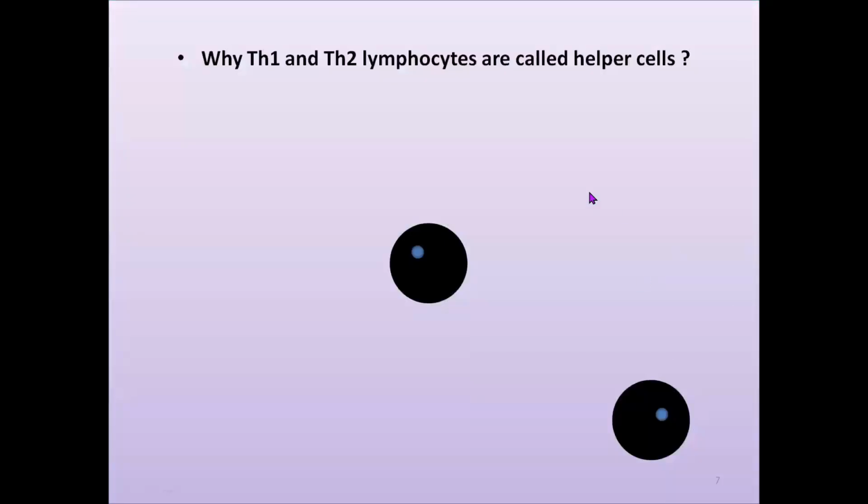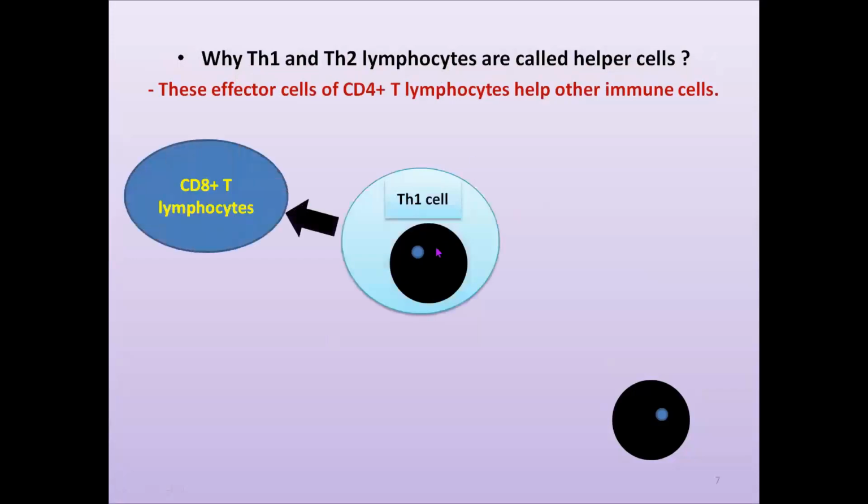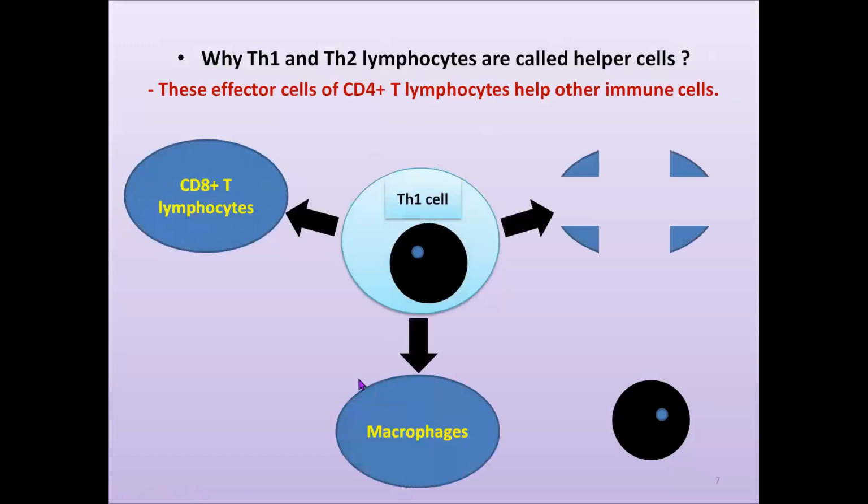Why are Th1 and Th2 lymphocytes called helper cells? These effector cells of CD4 positive T lymphocytes help other immune cells to carry out their functions. Th1 cells help CD8 positive T lymphocytes. They help macrophages in phagocytosis.